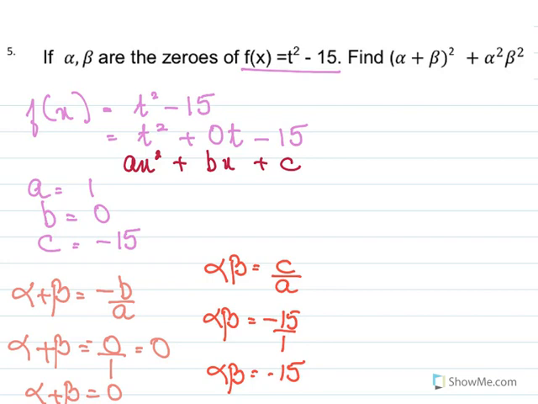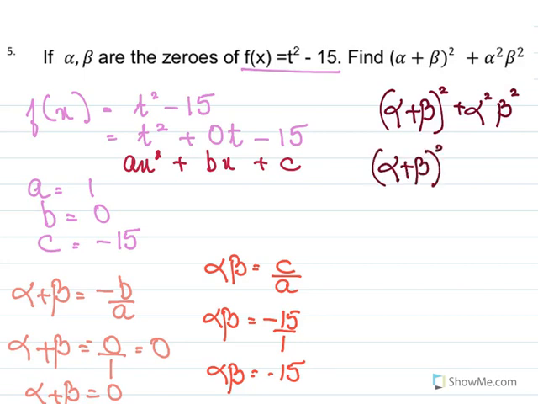We need to find the value of alpha plus beta the whole square plus alpha square beta square. So I'll just rewrite this again in proper form. Alpha plus beta the whole square, I've not changed anything here. But alpha square beta square, we write it as alpha beta the whole square. I put the values.